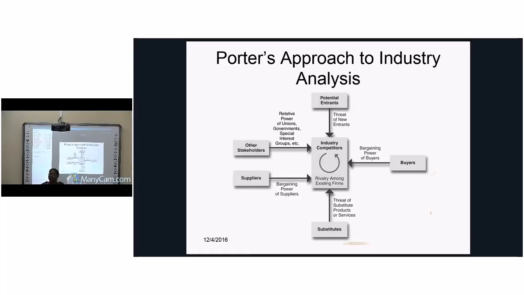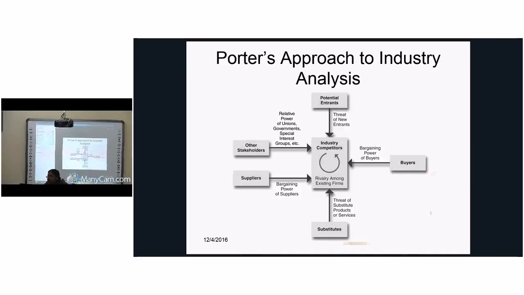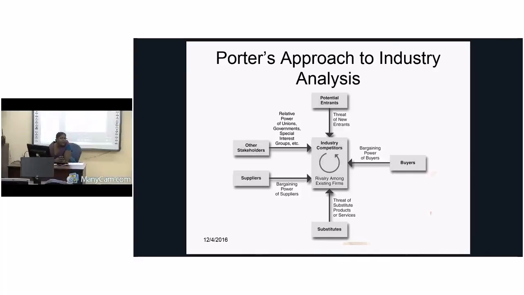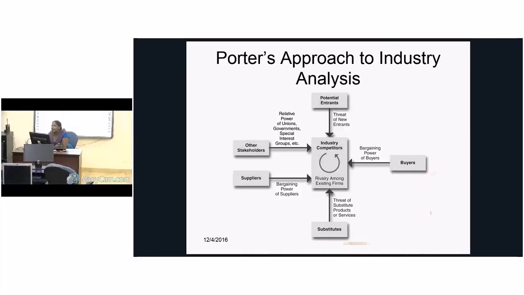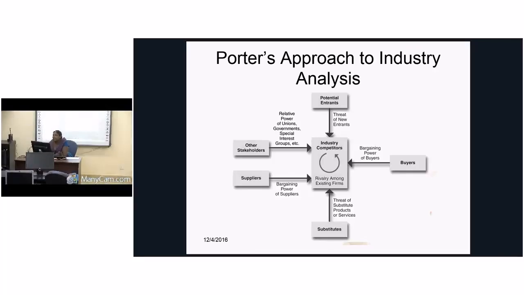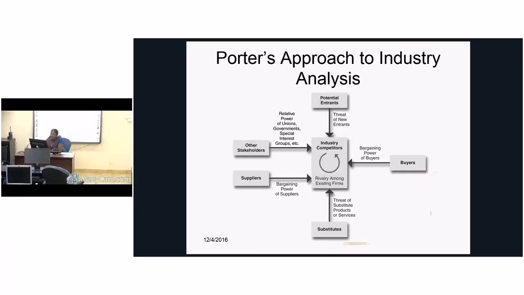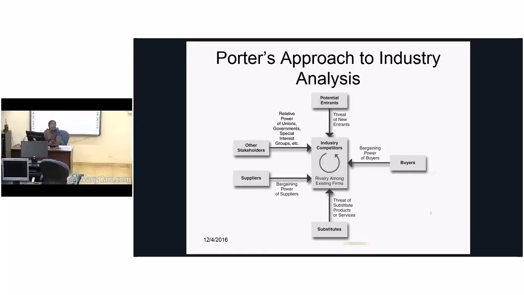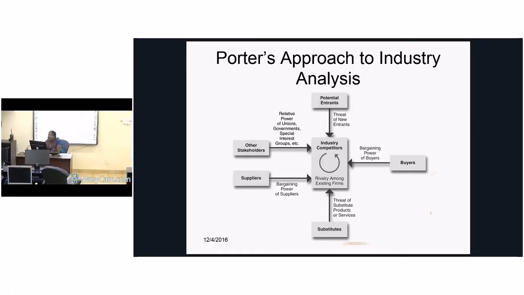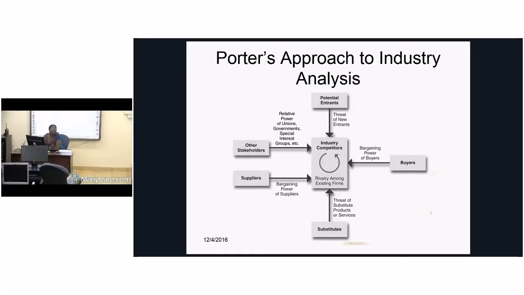They are the five forces according to Porter's model: potential entrants, suppliers, buyers who are the customers, and substitutes. All these five forces exert some power over the industry.